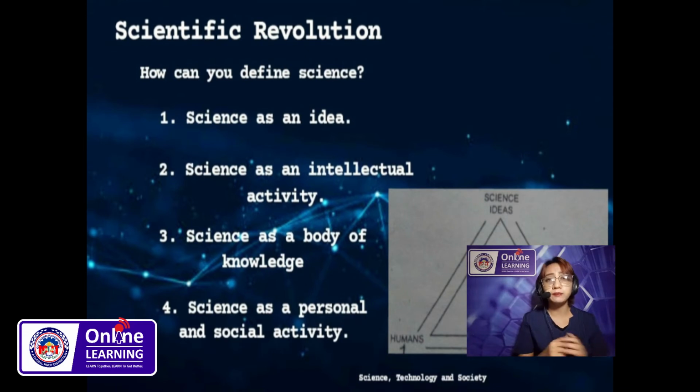And the last one, science is explained as a personal and social activity. It is both knowledge and activities done by human beings to develop better understanding of the world around them. It also means to improve life and to survive in life. It is interwoven with people's lives.